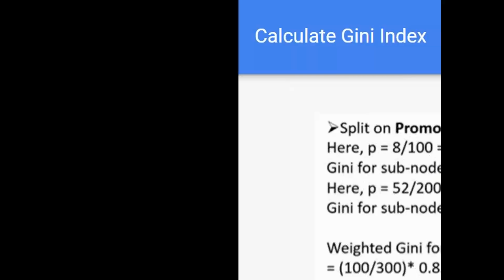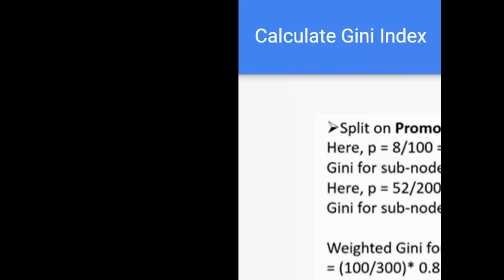We calculate the Gini index for that variable, which is p square plus q square. What is p square? 8% of the people left the company. So the probability of a person leaving the company after the promotion is 8%, and the probability of not leaving is 1 minus 0.08, that is 0.92.